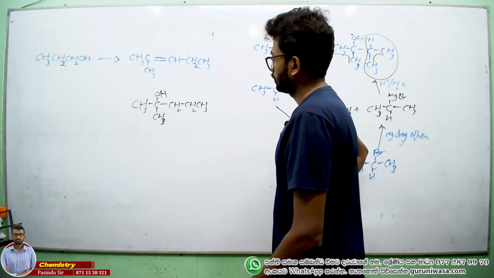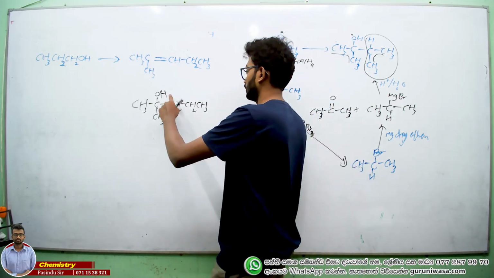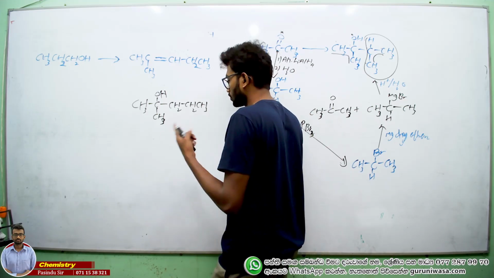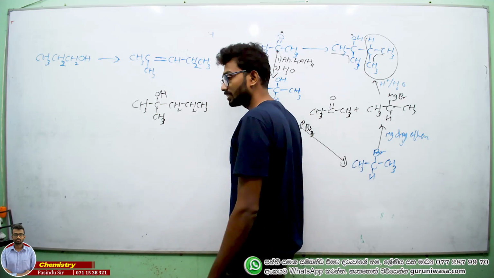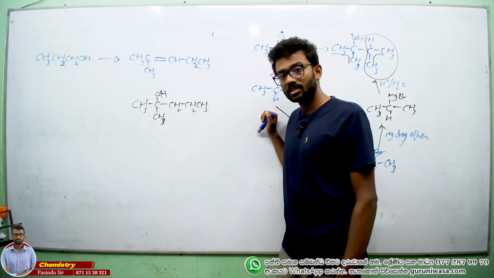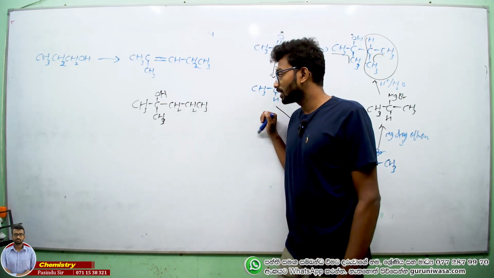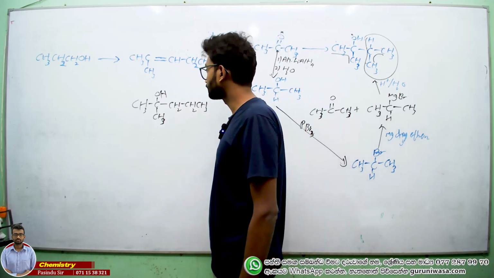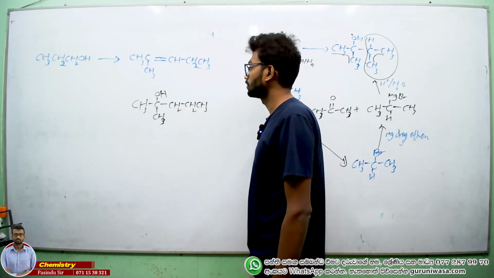So assume there was an OH group here, right? Then if so, again this is a tertiary alcohol, right? Therefore, what do you have to do?